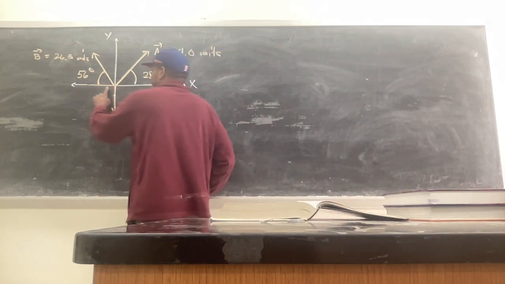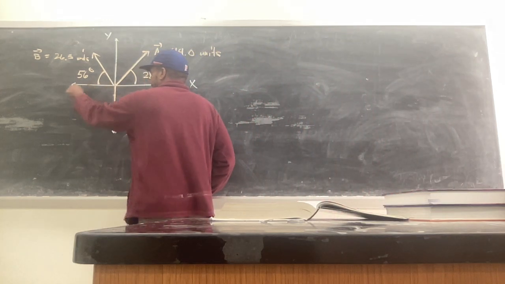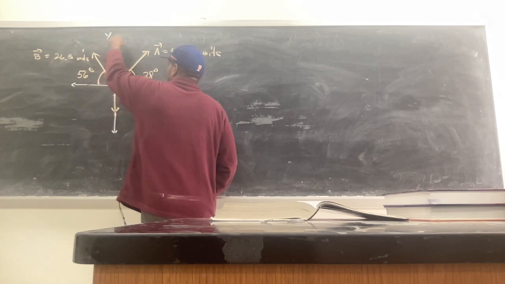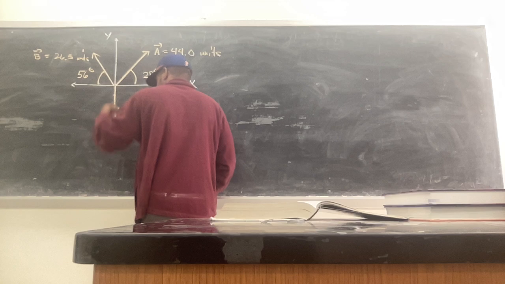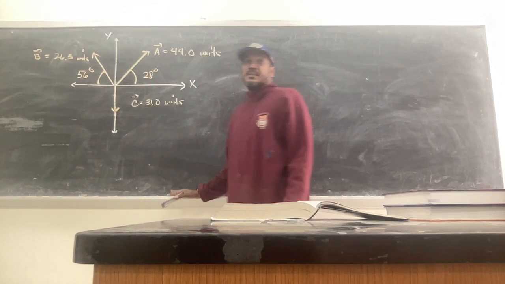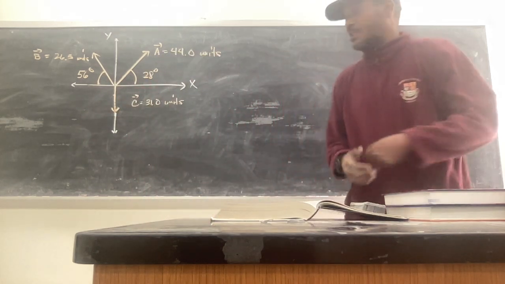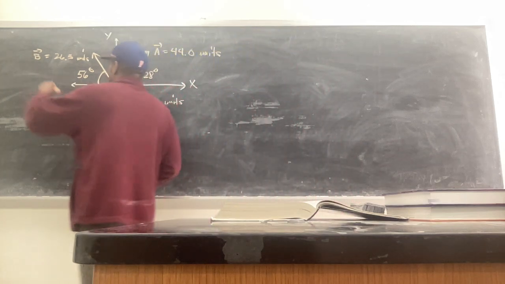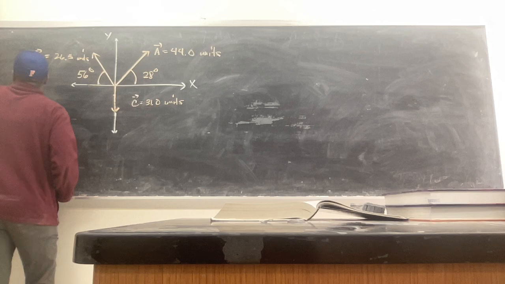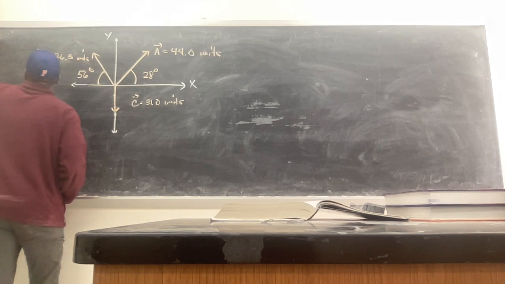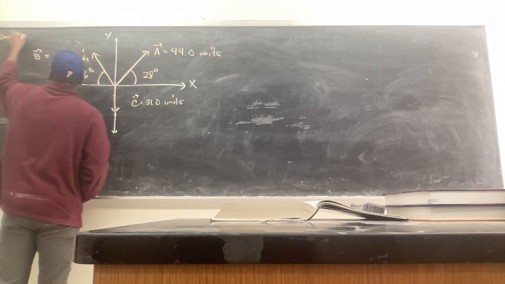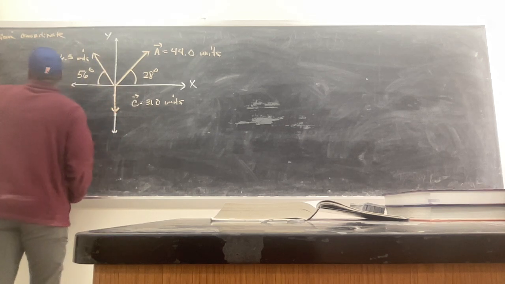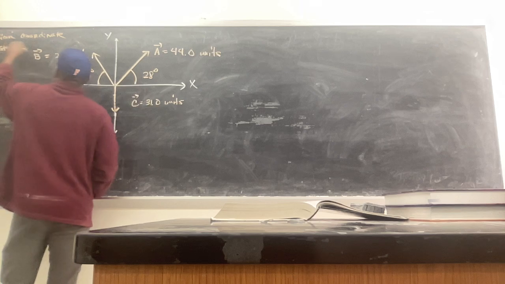This is the negative x-axis, positive x-axis, positive y-axis, negative y-axis. Okay? Just a little friendly reminder about our Cartesian coordinate system, right?